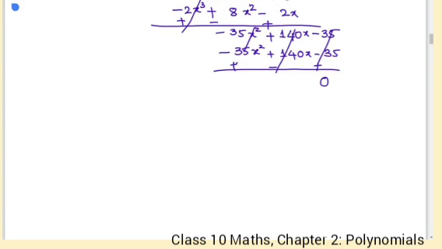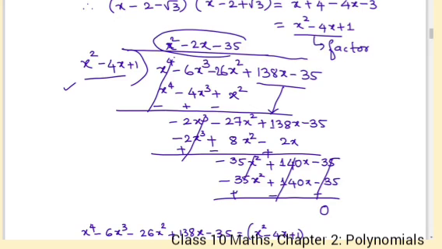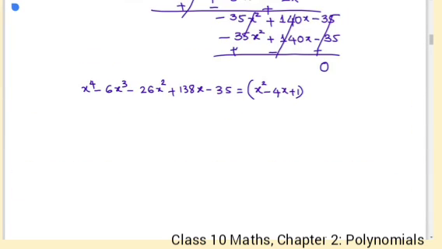Hence, you can write it as x raised to 4 minus 6x cube minus 26x square plus 138x minus 35 is equal to x square minus 4x plus 1 into quotient x square minus 2x minus 35, plus remainder 0.